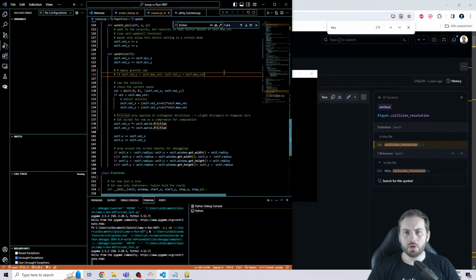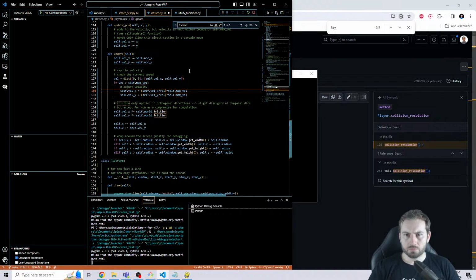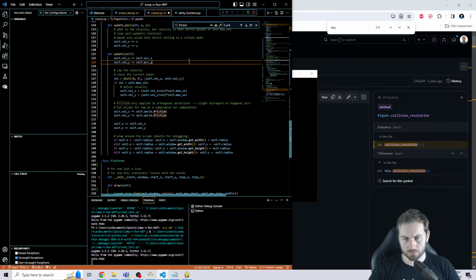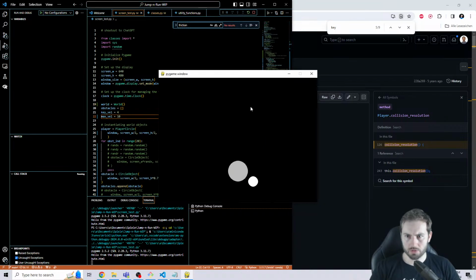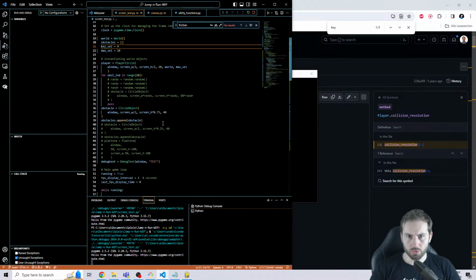No. Does the Maxwell change how quick the ball falls? For now, I also remove the other obstacle.